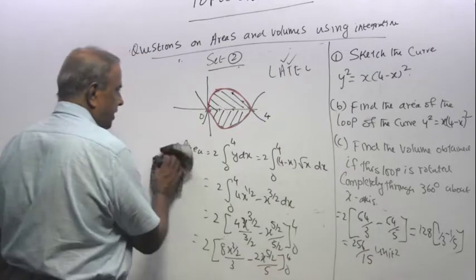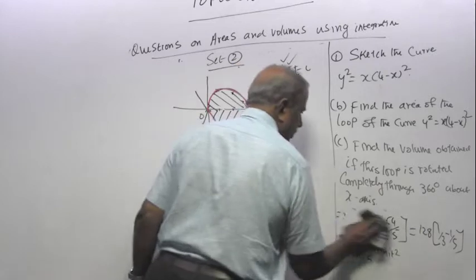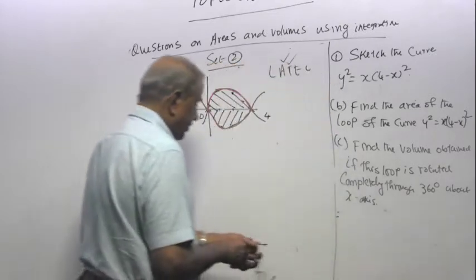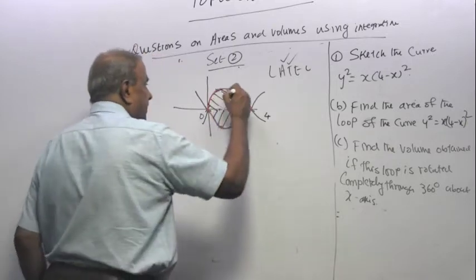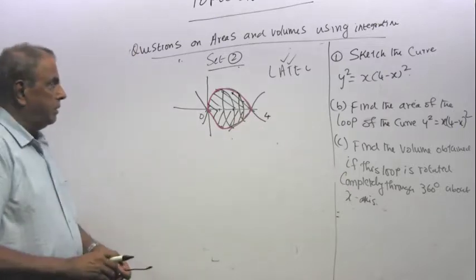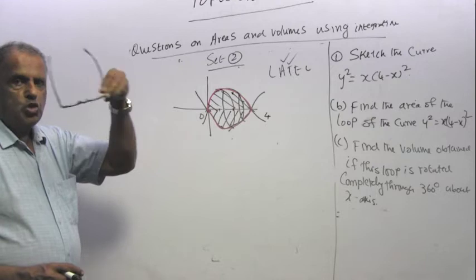Okay. Now I have to find the volume. Remember, when you rotate 360 degrees about the x-axis, you're going to get a solid like this. But even if you rotate 360, you don't have to multiply by 2.